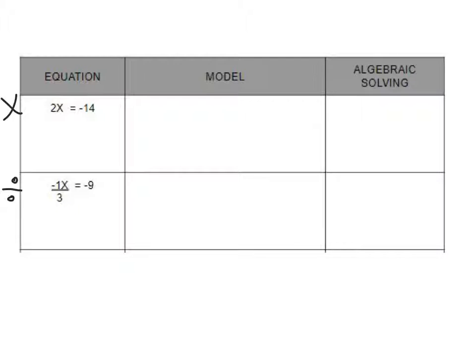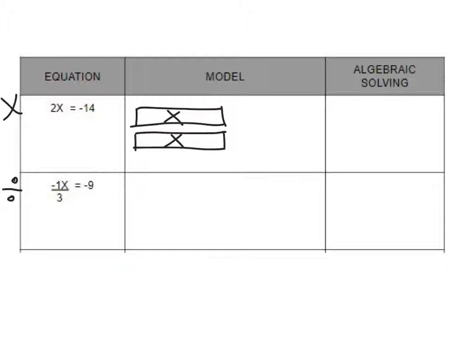So when you have multiplication, the inverse operation would be what? Division. So I'm going to divide both sides by the number that you're multiplying with. Before we do that, I'm going to show you how you should model it. So you have x and x. Why do I have 2x?